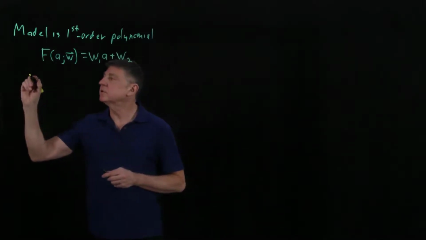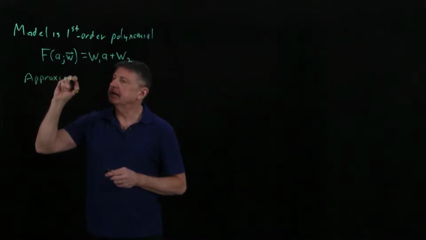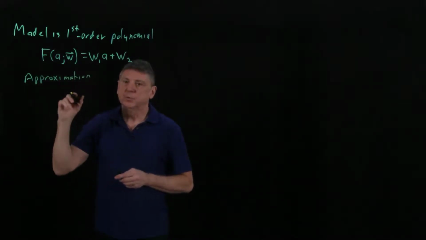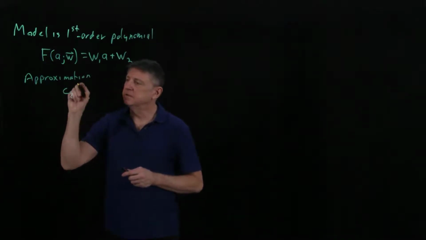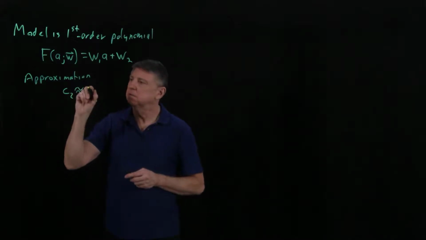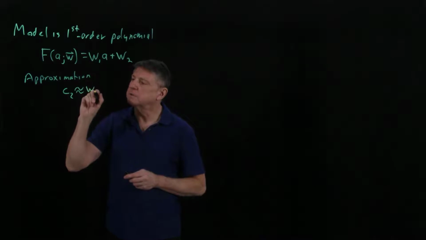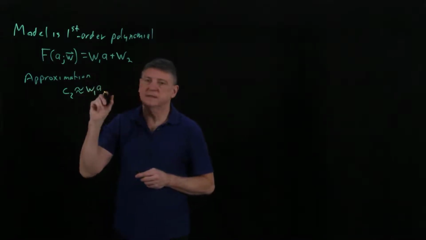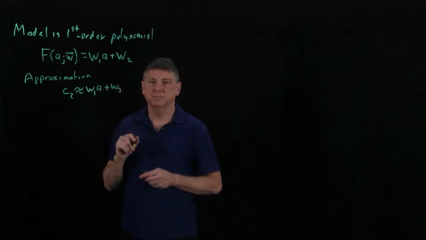And the approximation that we are looking at is, we'll say that our dependent observation is approximately this model, which is approximately W1 times the independent observation plus the intercept term.